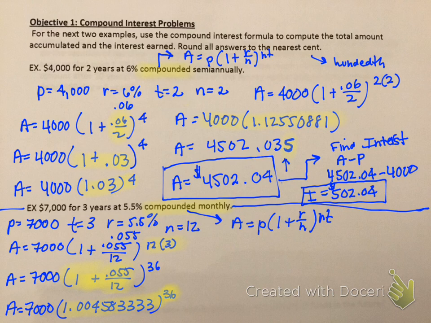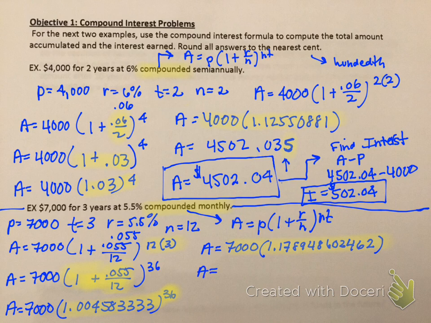And when I do that, I get amount equals 7,000 times 1.178948602462. Okay? Now I'm going to multiply that number that should be still in your calculator times 7,000.